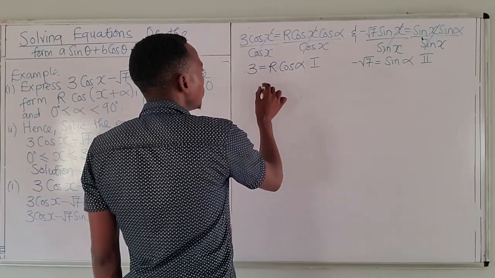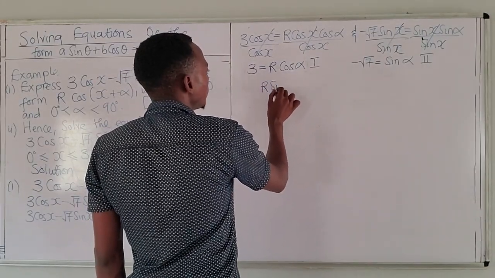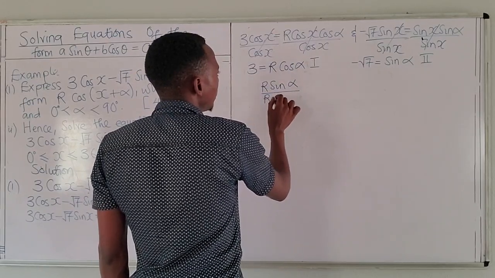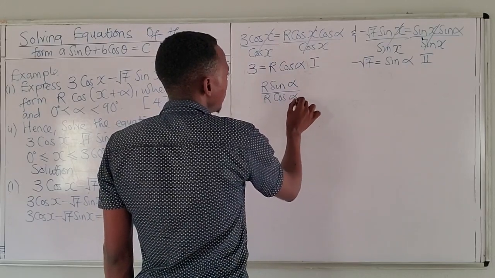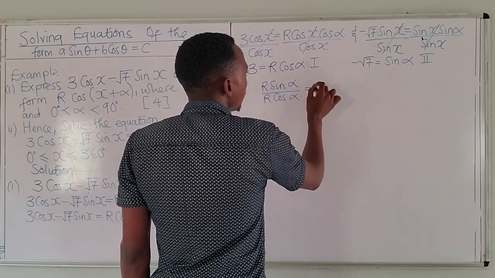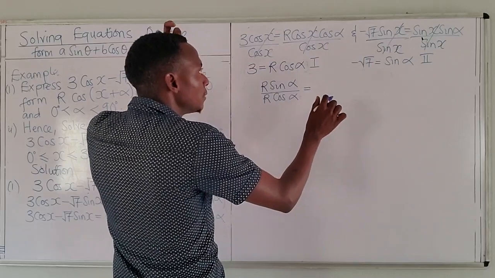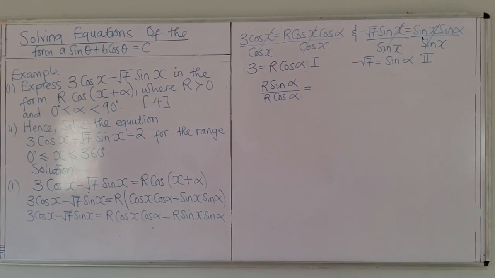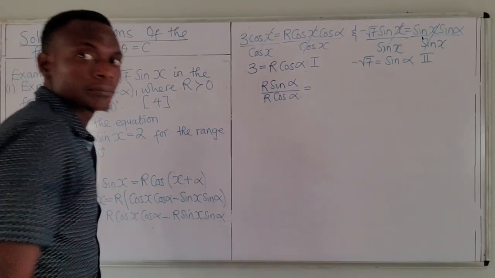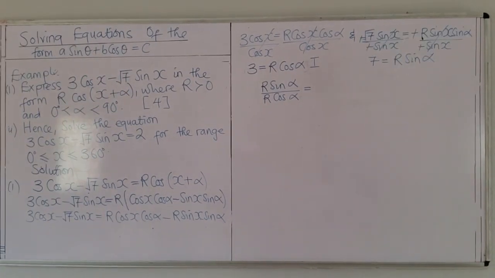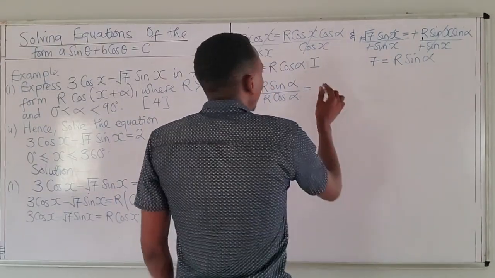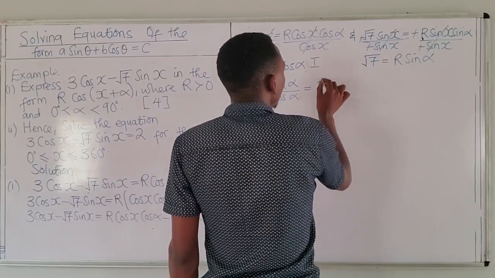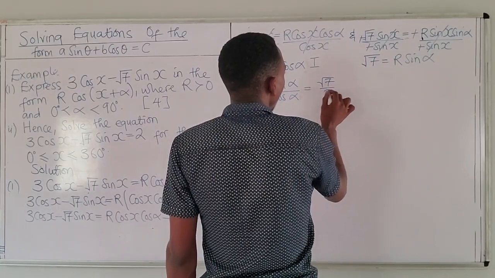We are going to have r sin alpha divided by r cos alpha, equal to, on the other side again, we divide square root of 17 by 3.